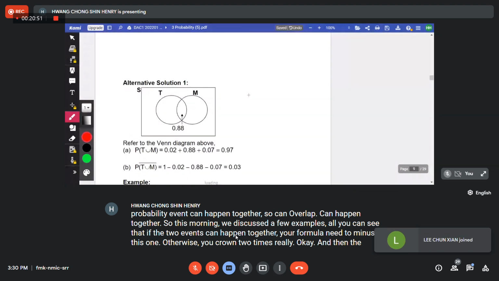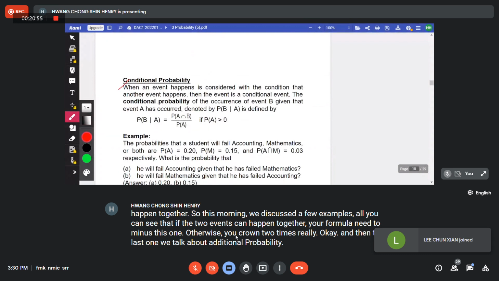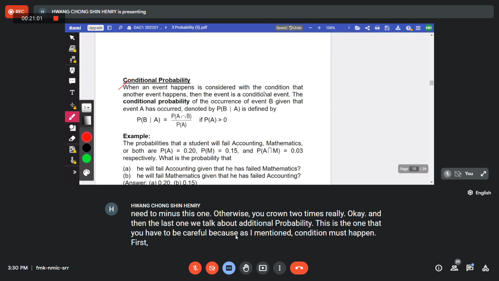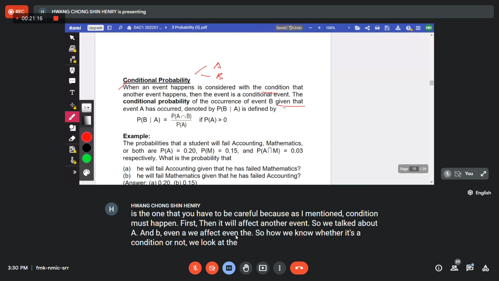And then the last one, we talk about conditional probability. This is the one that you have to be careful of because, as I mentioned, the condition must happen first. Then it will affect another event. So we talk about A and B. Event A will affect event B. So how do we know whether it's a condition or not? We look at the word here.